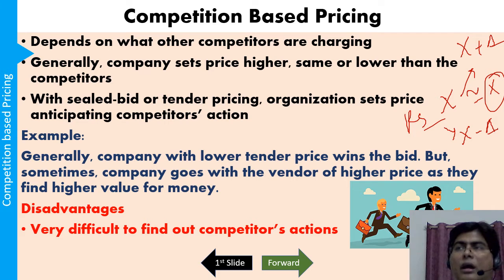Let's say you want to buy computers. You may not go with the lower bidding company because after buying the computer, you want proper after sale services. So you may go with the company which can provide you better after sale services but can charge you a little bit extra.